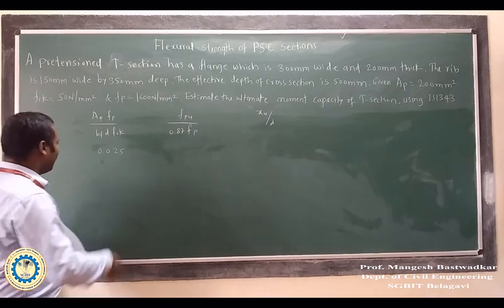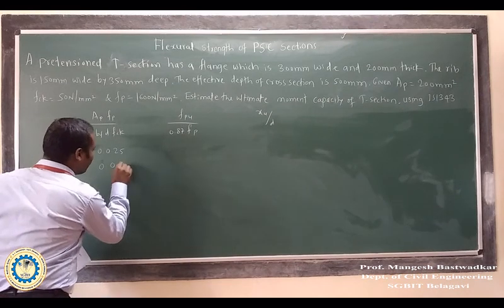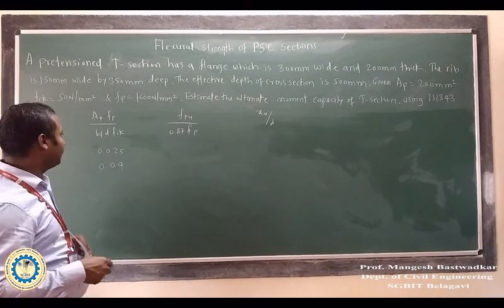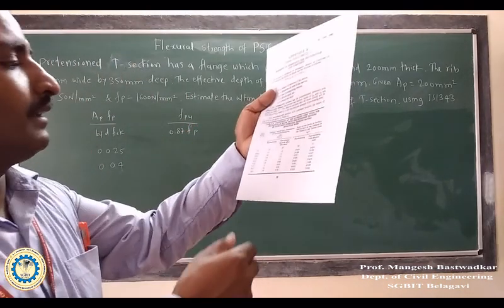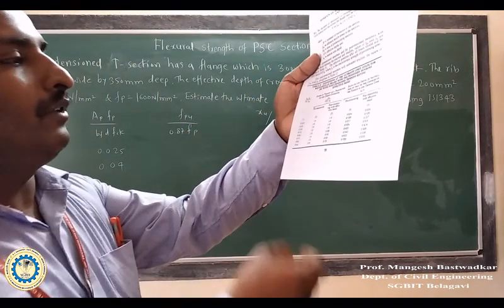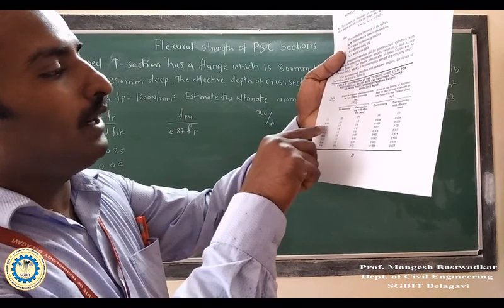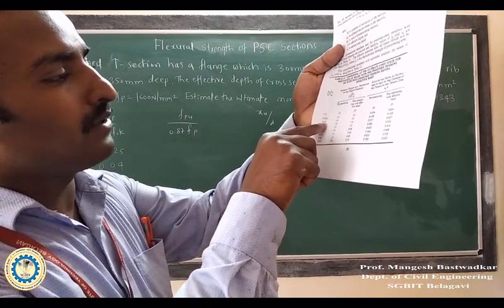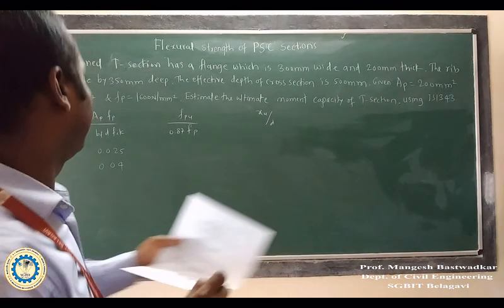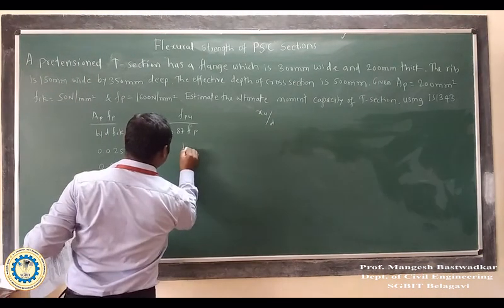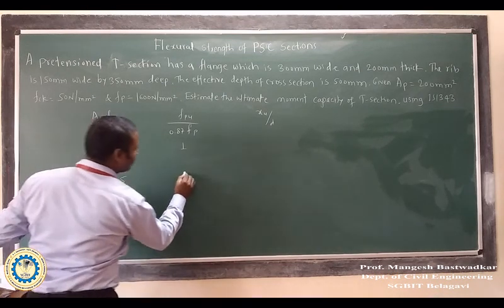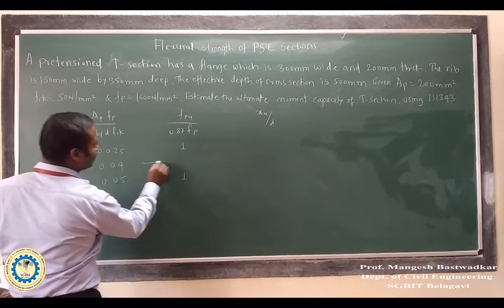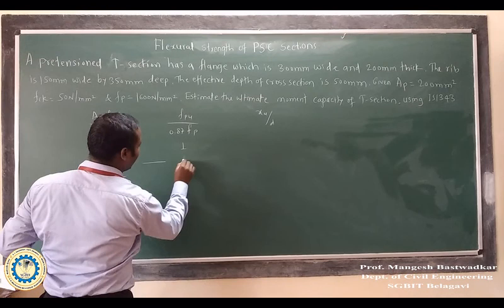That value is 0.04, and in Table 11 it is given that the values for 0.025 and 0.05 are 1. Here it is 0.05, here also it is 1, so this also will be 1.